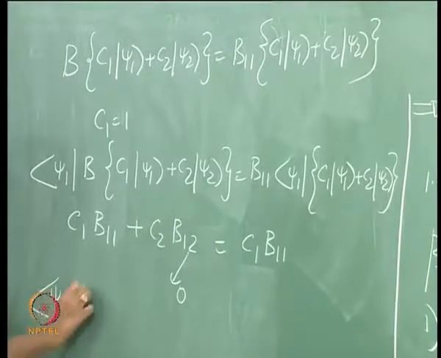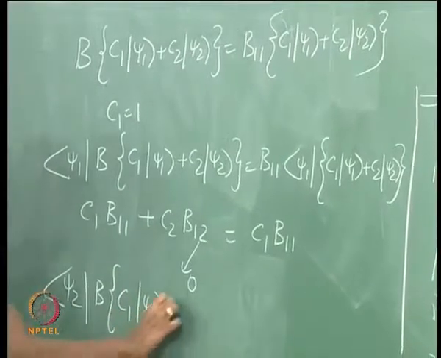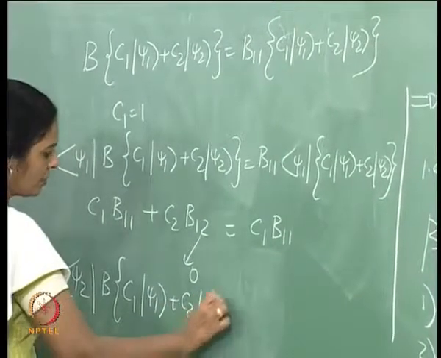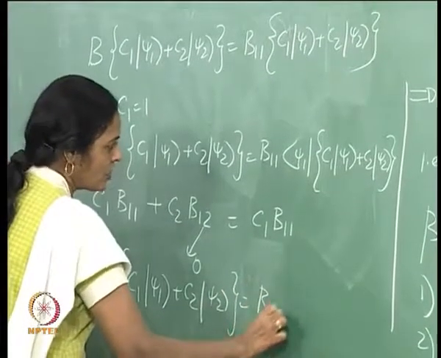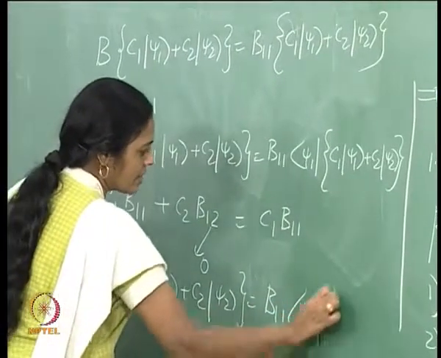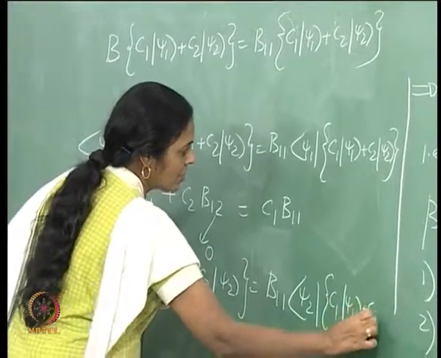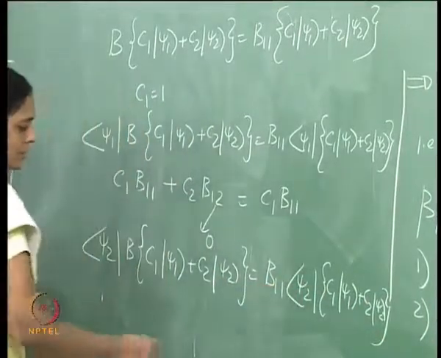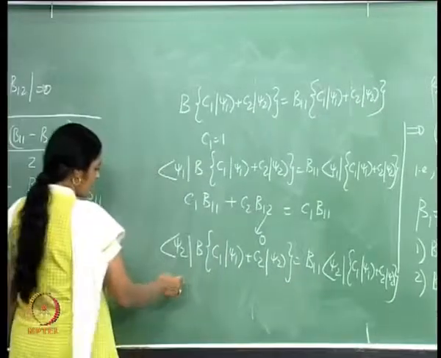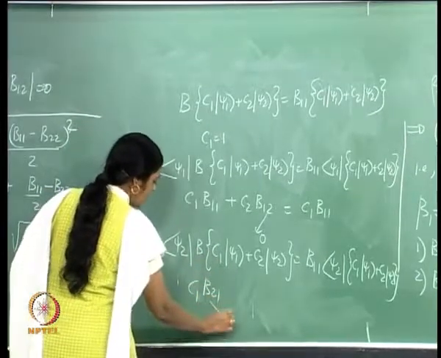If I now do psi 2 B times C1 psi 1 plus C2 psi 2, that object is B11 psi 2 times C1 psi 1 plus C2 psi 2. By this I mean the inner product. The first term gives me C1 B21, but that is 0.